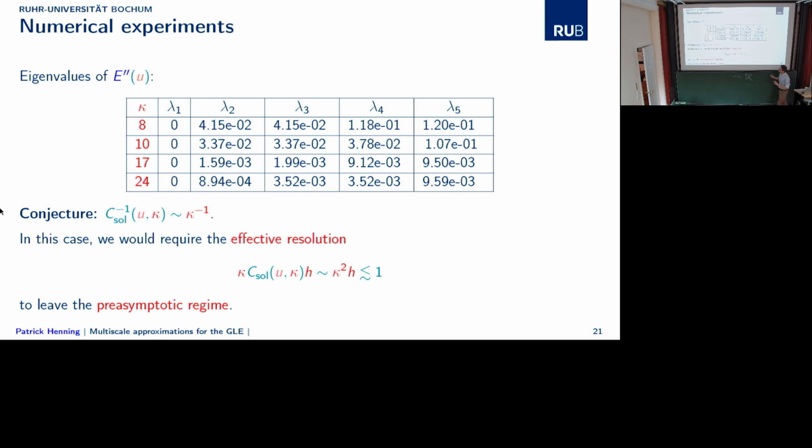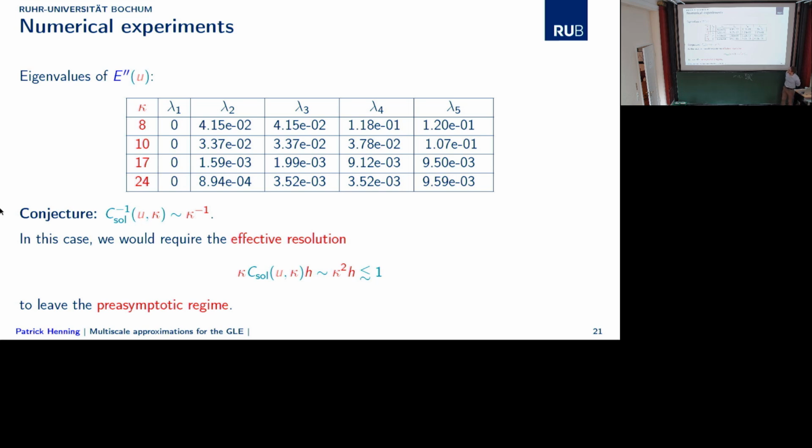It's not clear yet, but in an optimistic estimate, I would say it at least scales with kappa, so the inverse is 1 over kappa, and that means that the effective resolution condition that you need is not h smaller than 1 over kappa, but h smaller than 1 over kappa squared, which is of course a significantly stronger condition than what you would expect when looking at the best approximation.